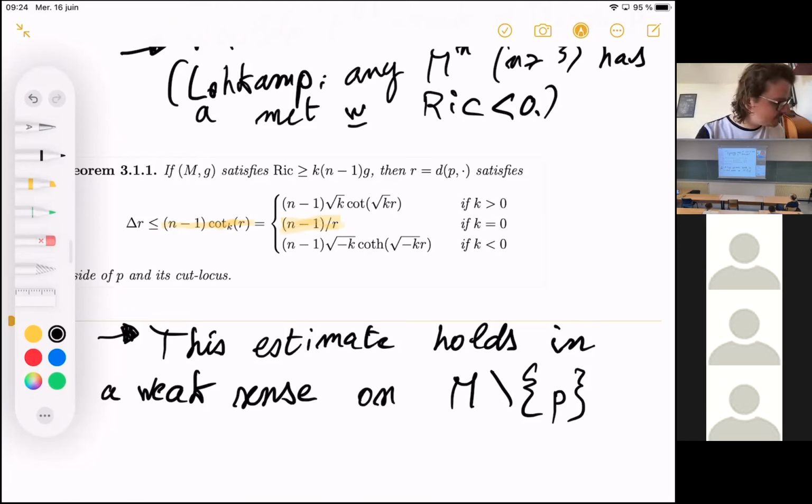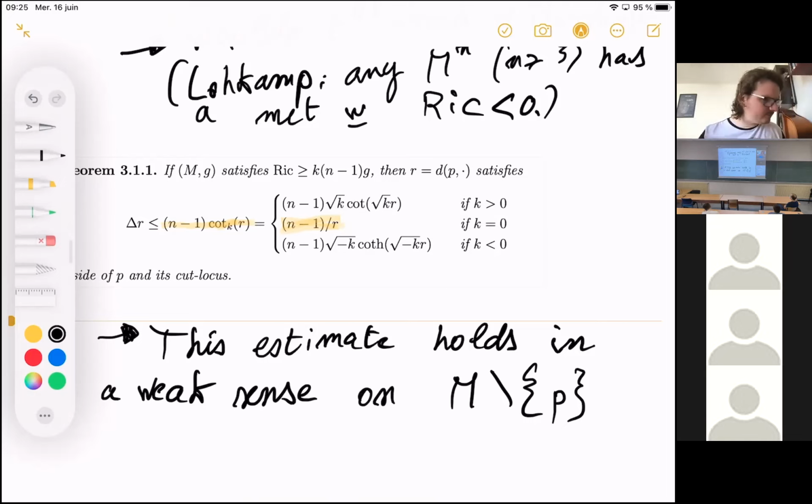For the comparison in barrier sense, I did prove it quickly also. So you can look in the notes if you want to learn more about that. But for a first approach, maybe acting as if everything is smooth, even though it's not the case, is a good way to get a feel of what's going on.